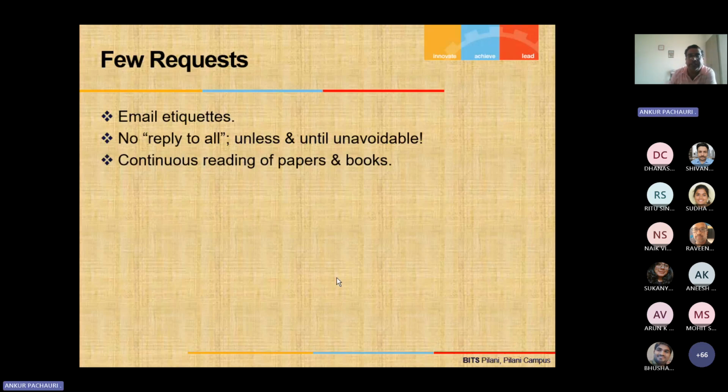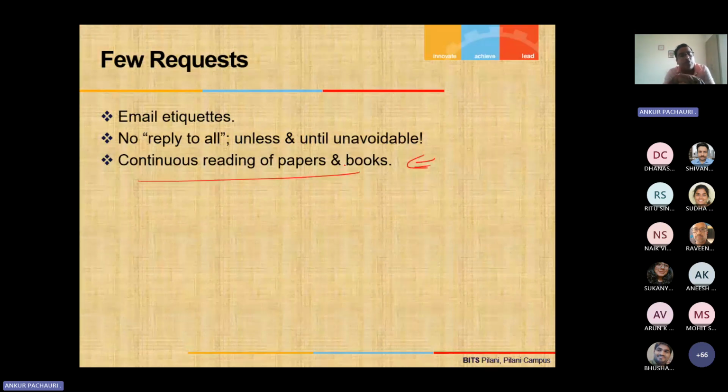But the most important thing for you is that you need to build up a habit of reading research papers or books. Although the books here will be edited volumes or survey papers. Somehow you'll have to build a constant habit of reading research papers. Reading a research paper is slightly different from reading a book, because books are descriptive, whereas research papers are concise.